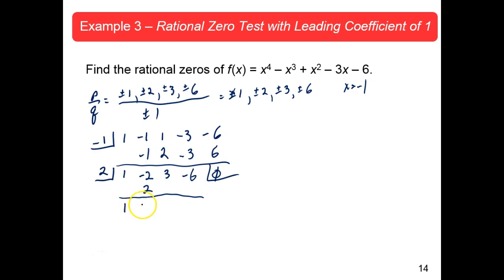And what do you get? 0. And what did that give you? 0. Ding, ding, ding. We have another winner. So x equals negative 1 is a 0. x equals 2 is a 0.